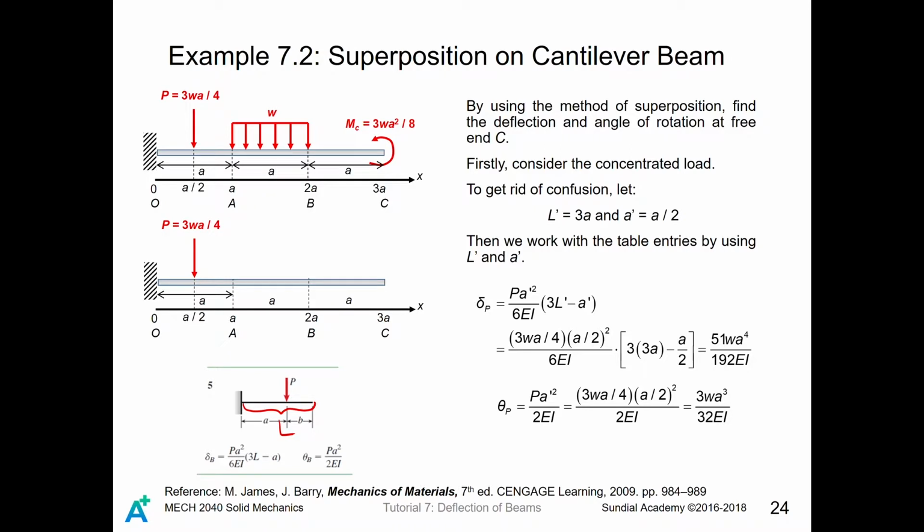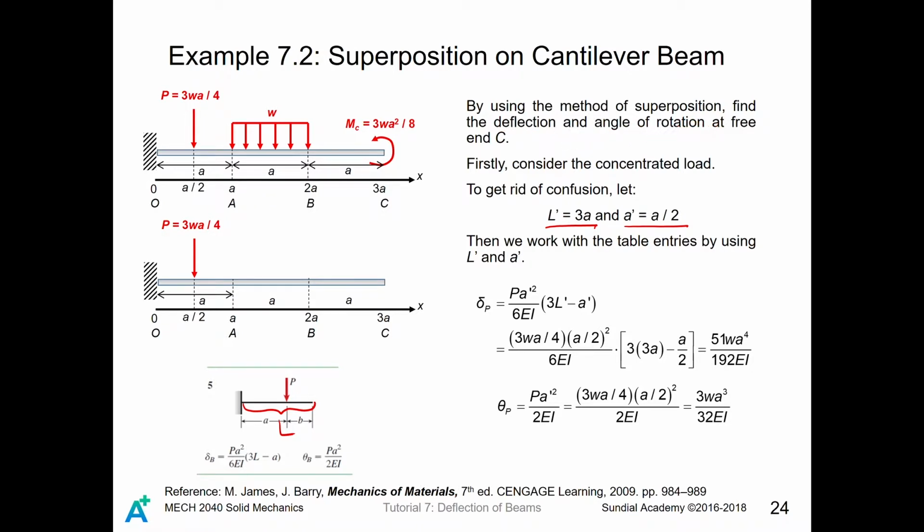Or, to get rid of confusion, we let L prime equal 3A, and of course A prime equals A divided by 2, because the A here in our problem repeats the term in the table, so I try to simplify things. So now we are looking for the deflection at the free end C, as well as the angle of rotation.